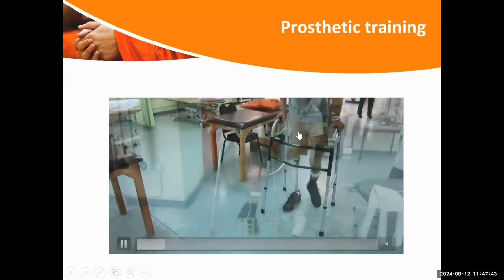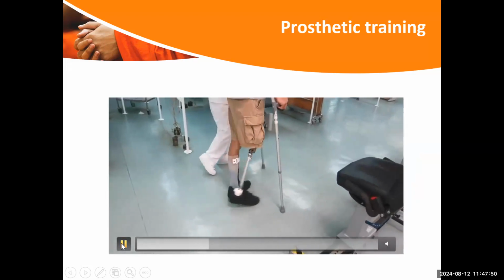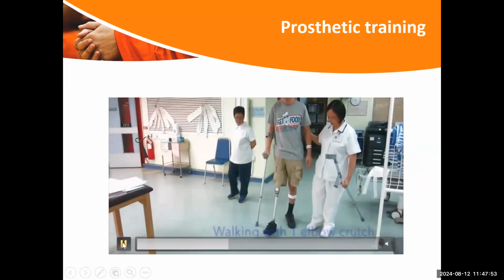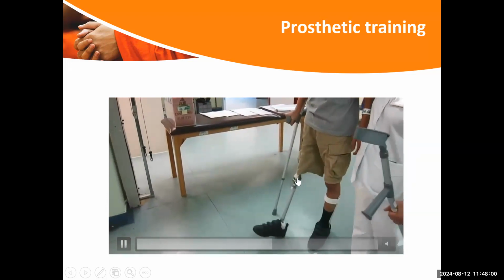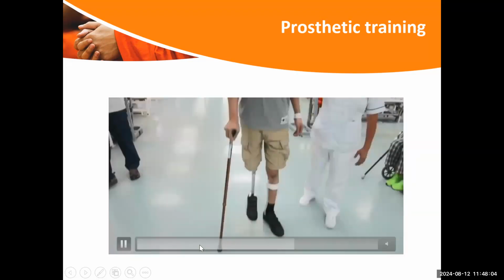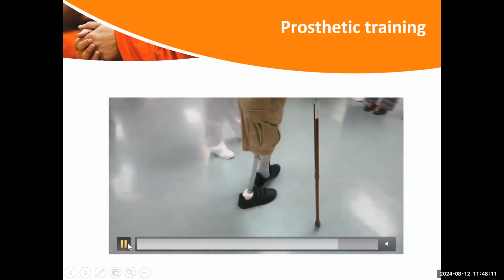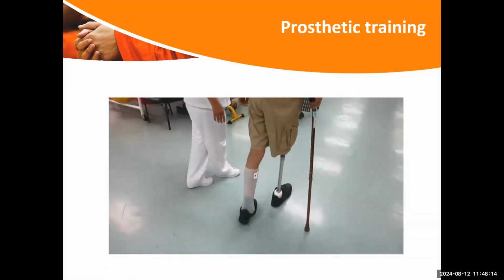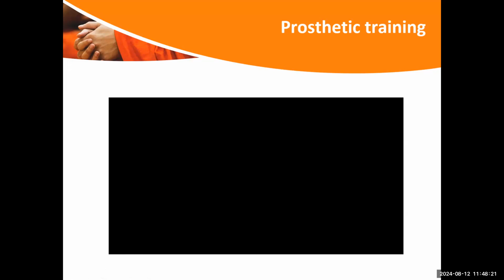Okay, so this is the hip disarticulation patient. You can see the knee joint has some elasticity. After it is flexed, it will bounce out, because there is a spring in there. Why is it like this? If the patient does not have that kind of design, after putting weight on this side, how can you swing this back leg to the front?